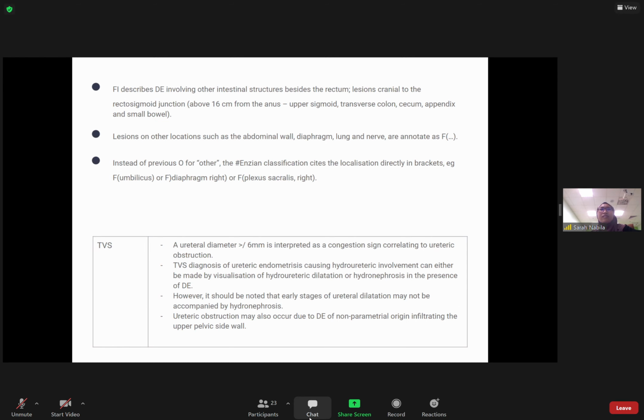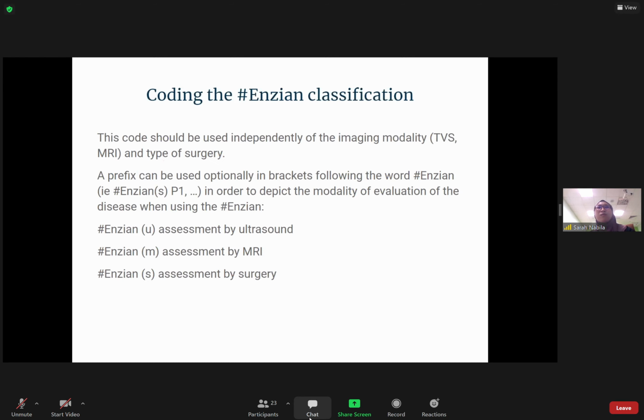So here is the challenge for the coding of ENZIAN classification. It is very comprehensive, but it can be described by annotating ENZIAN in brackets, which is the assessment method.